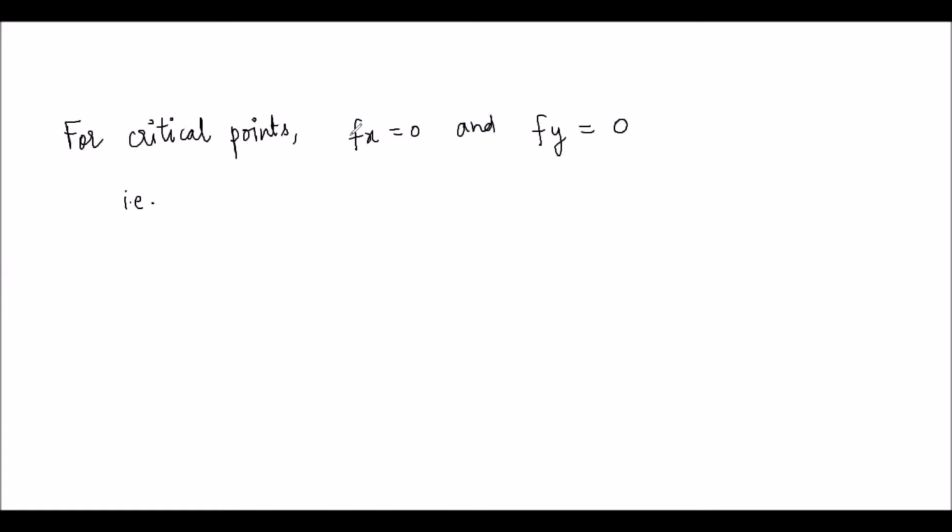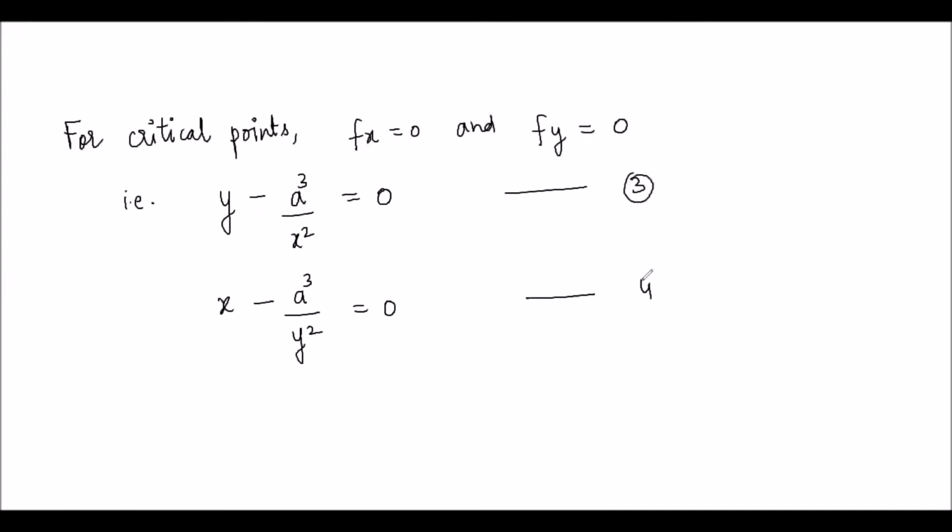Fx means the first order partial derivative of f with respect to x, that is y minus a cube upon x square equal to 0. And from the second one, by considering fy as 0, we will get x minus a cube upon y square equal to 0. Let us name these equations 3 and 4. Now solving equations 3 and 4, we will find the ordered pair (x, y).